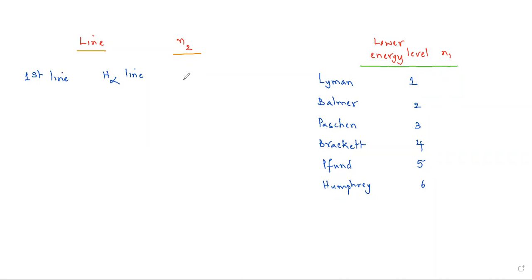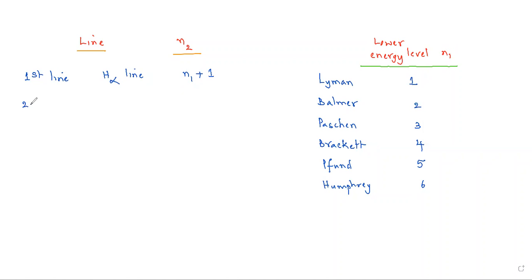If you want N2 for the first line, you just add 1 to your N1 value. For example, if you want the N2 value for the first line in Lyman series, N1 for Lyman series is fixed, that is 1. So to that 1, you just add 1. That means N2 for the first line is 2 in case of Lyman series.